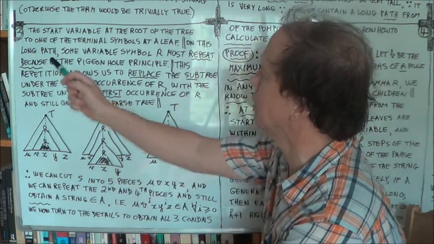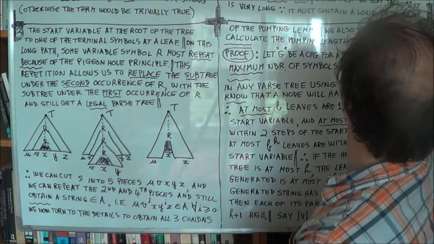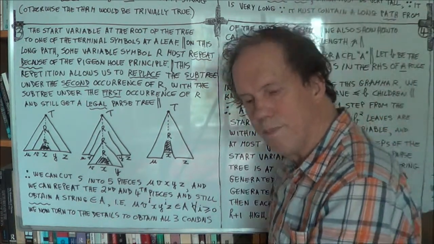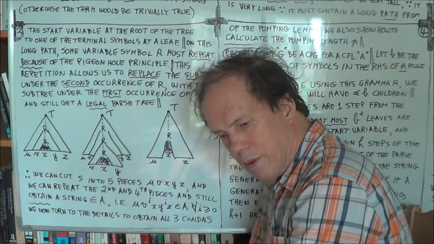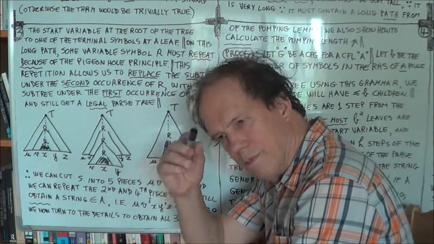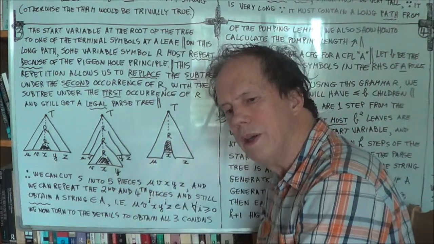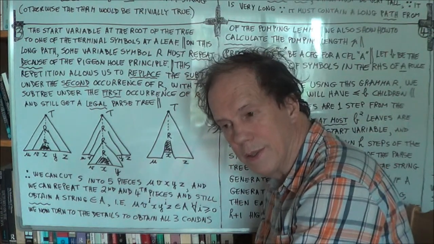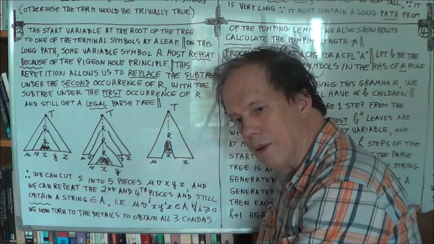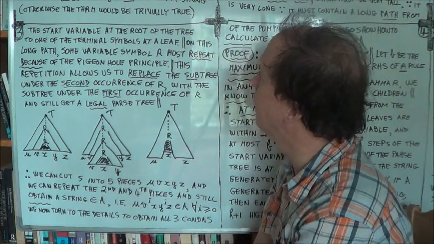Because of the length of the string s, so double bar s is long, there will be at least a path that's very long in this derivation, in this parse tree. So there will be a long path.